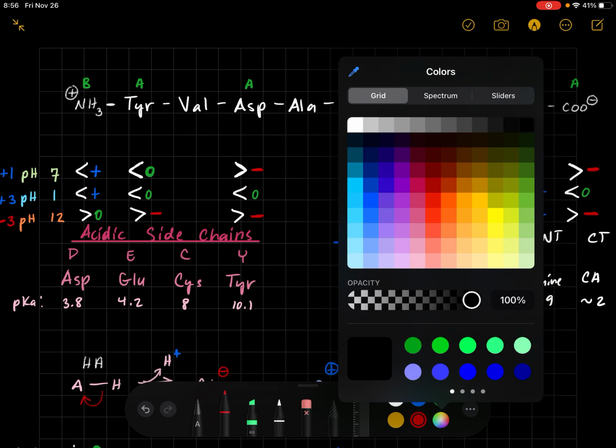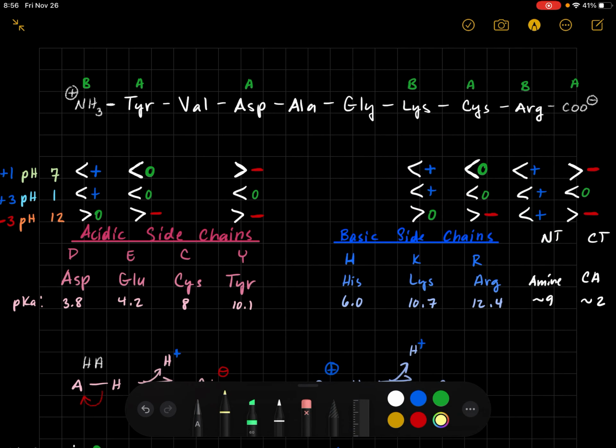So at a pH of 8.5, if I just label the pKa's up here, it might be helpful just to see whether or not they are greater than or less than the given pH. So here, recall, this is about 9.